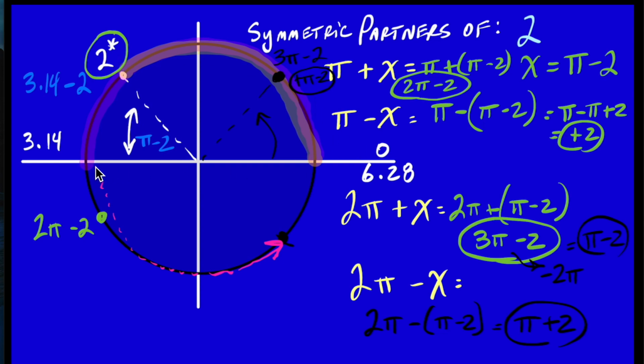We're going to add the length of that arc, and we're going to end up right in that location. And that is going to be pi plus 2, our third and final symmetric partner. So our symmetric partners are pi minus 2, 2 pi minus 2, and pi plus 2.